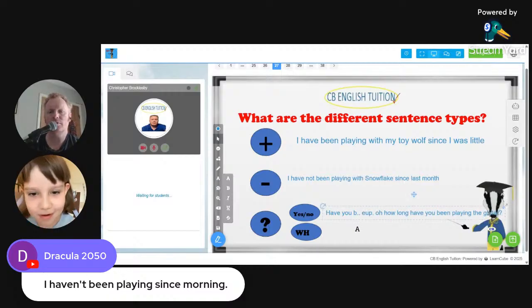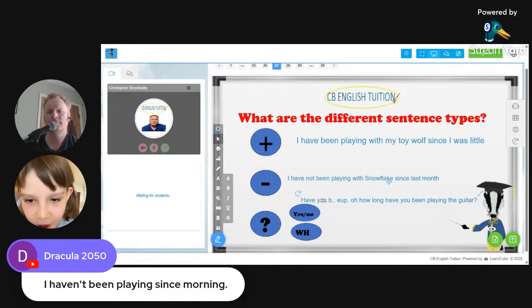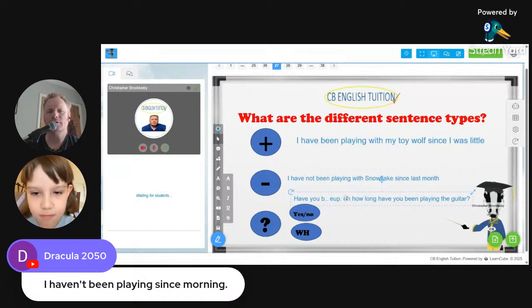Good. Can you read your sentence? "How long have you been playing the guitar?" Good. There's some extra words which we don't need. What don't we need?